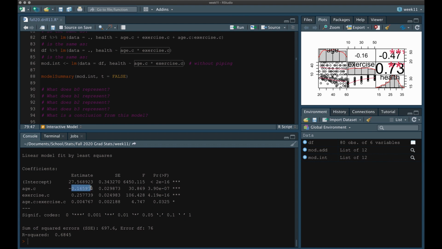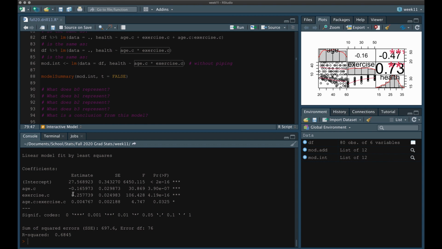So in other words, if we go up to 41 years old, then instead of our exercise effect being 0.257, it would be this number plus 0.004767. Go up another year in age, then we expect this slope of exercise to go up by that much more. That relationship also goes the other way.